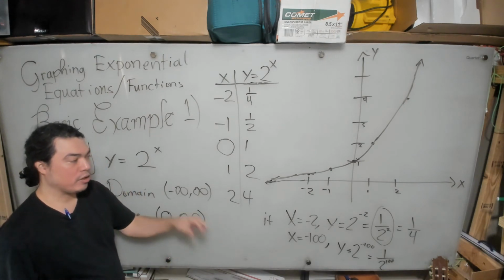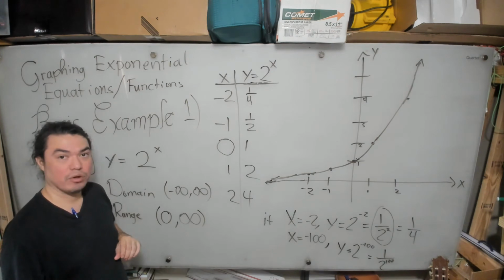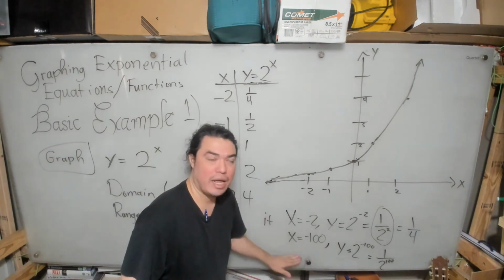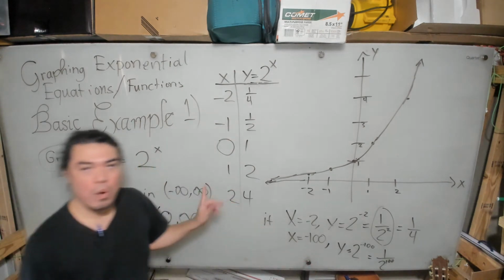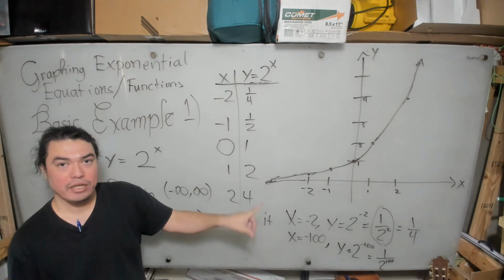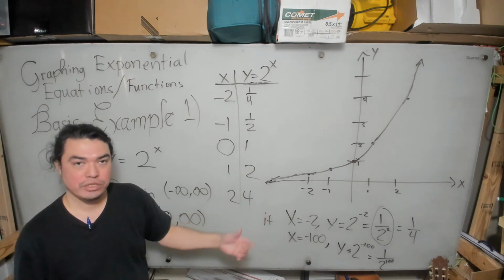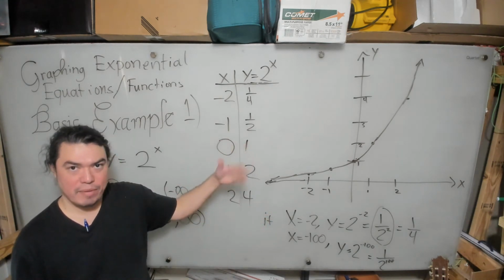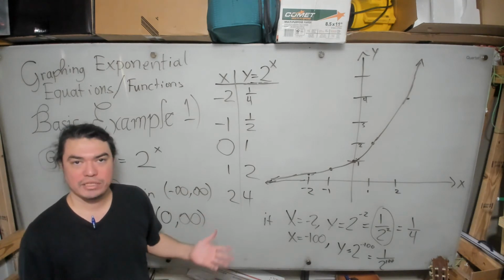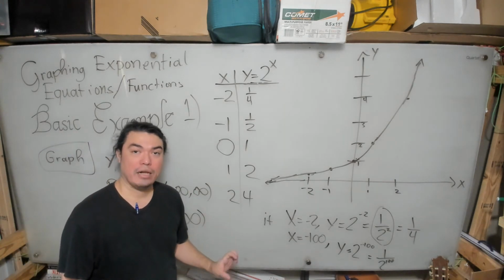Here, from our argument, we know that we can't achieve the 0. Because if I take x to be some negative number, x equals negative 1,000, y equals 2 to the negative 1,000 is equal to 1 divided by 2 to the 1,000 power. And we just noticed that that's a positive divided by a positive, and so it cannot be negative, and it cannot be 0. It'll be small.